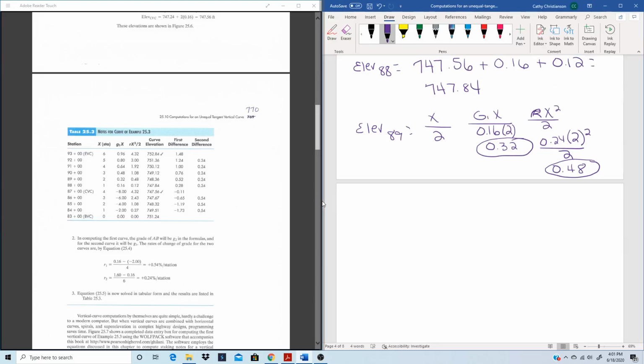And so the elevation of 89 will be the beginning vertical curve, 747.56 plus G1 times X plus Rx squared divided by 2. And the elevation of 89 will be 748.36. And so keeping the chart form works out.